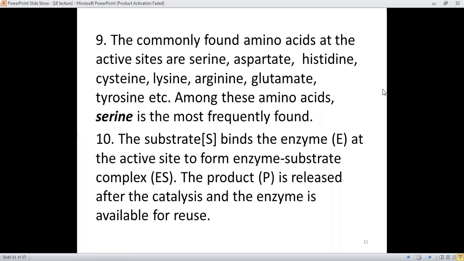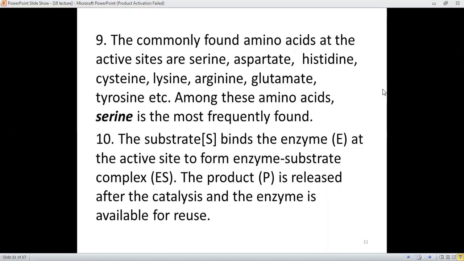The commonly found amino acids at the active site are serine, aspartate, histidine, cysteine, lysine, arginine, glutamate, and tyrosine. It means that out of 20 amino acids, only a few are present at the active site and are responsible for the catalytic activity. Among these, serine is the amino acid most frequently found at the active site.